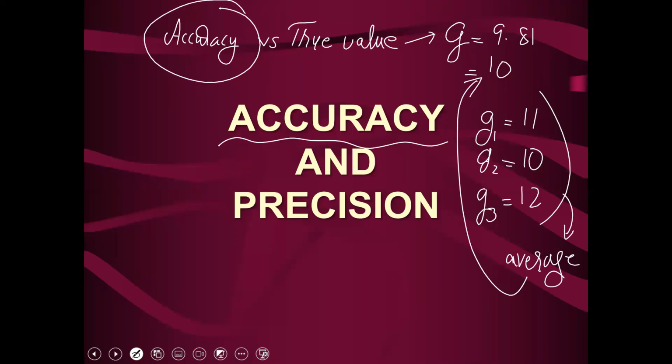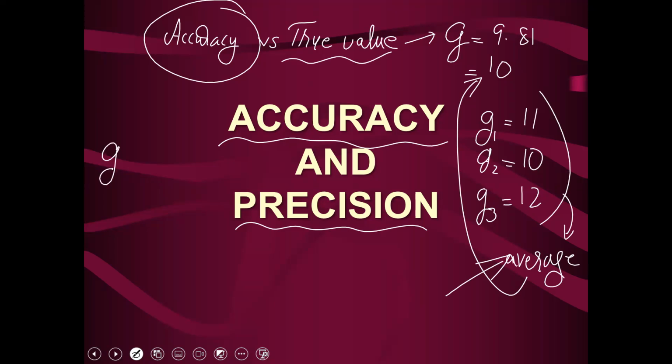So what is accuracy? Accuracy is a measure of the extent to which you are close to the true value, but you have to consider the average value. Then what is precision? Precision means how much the values are close to each other.